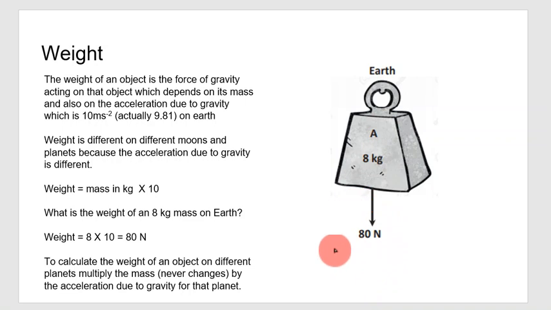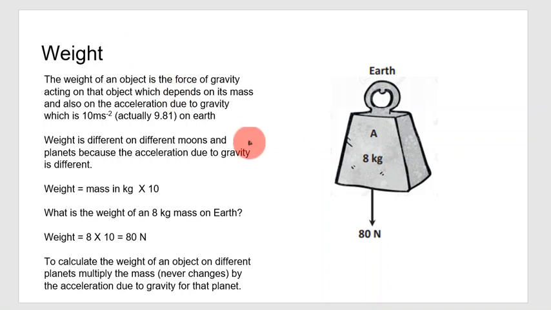That force is measured in newtons. A lot of times people get weight and mass mixed up. Weight is actually the force of gravity acting on a particular mass. When you step on a scales, what you're measuring is your mass.